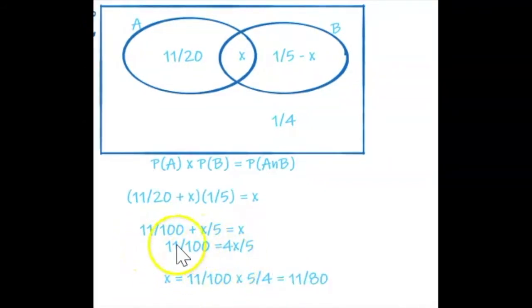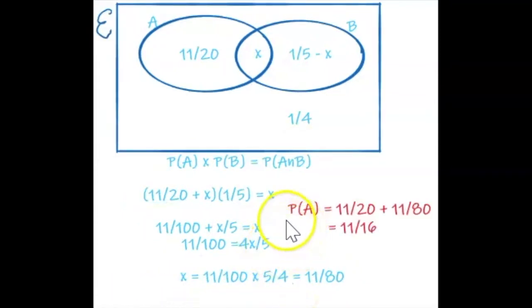So X is 11/100 times, we need to invert that fraction, 5/4. And if we work that out, it'll come to 11/80. We want the probability of A, which is 11/20 plus X, so it's 11/20 plus 11/80, which is 11/16.